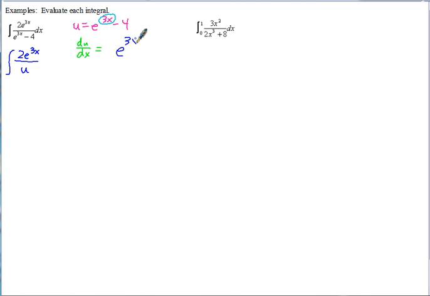Derivative of e to 3x, e to 3x. But again, using the chain rule, we have to multiply by 3, the derivative of 3x. And then when you solve that for dx, you get dx equals du over 3e to the 3x. And that's what we can substitute in for dx right there.